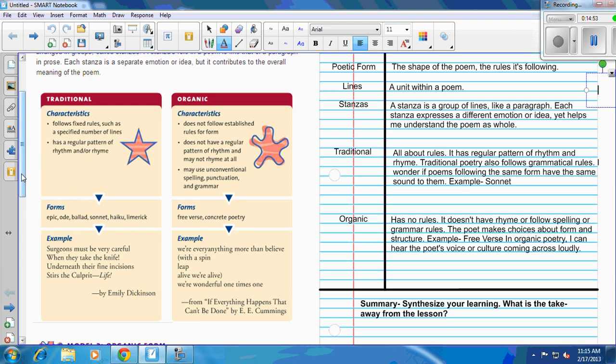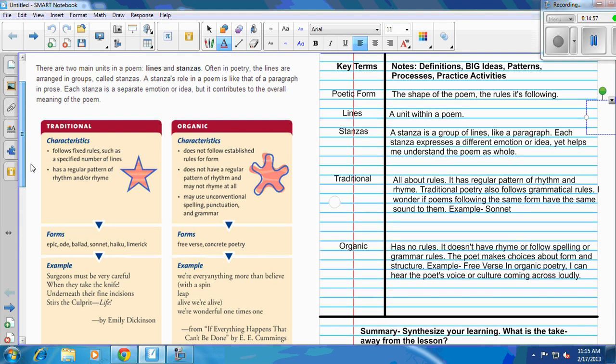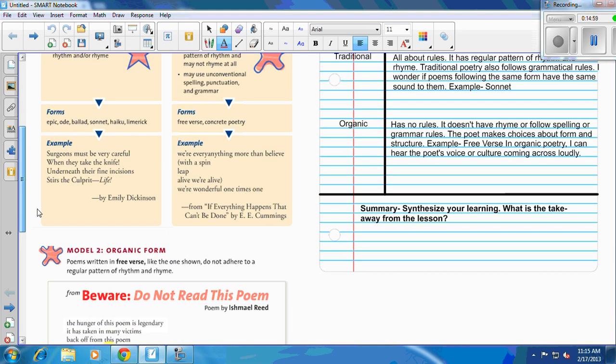Okay, so now I want to synthesize my learning. So when I look back at what I learned, there are two main types of poetry, organic and traditional.